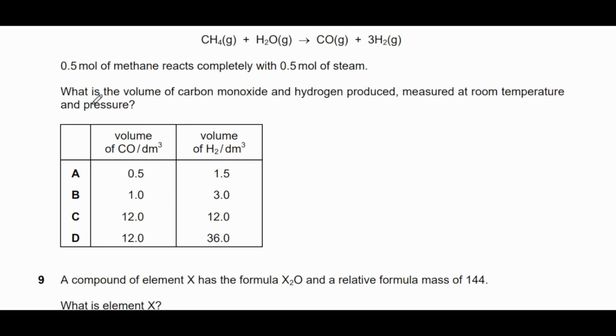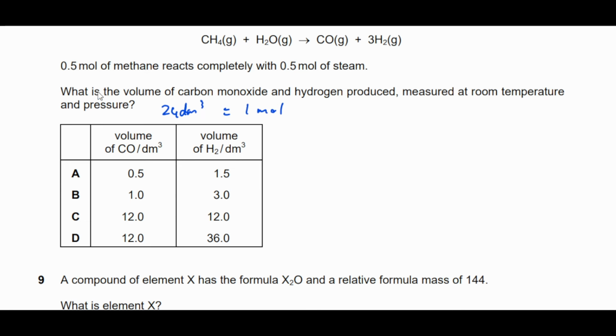Question 8. Methane and steam react in the presence of a catalyst. 0.5 moles of methane reacts completely with 0.5 moles of steam. What is the volume of carbon monoxide and hydrogen produced measured at room temperature and pressure? Okay, so at room temperature and pressure, 24 dm³ of a gas is 1 mole.